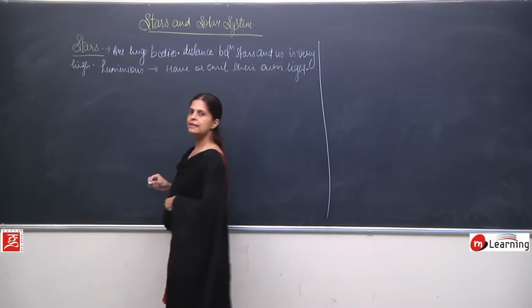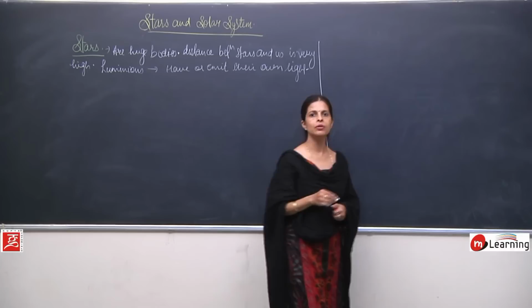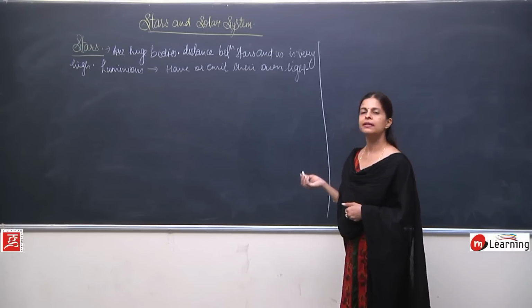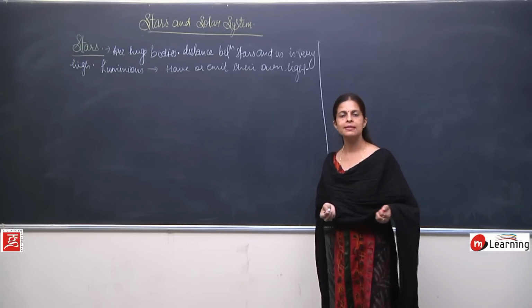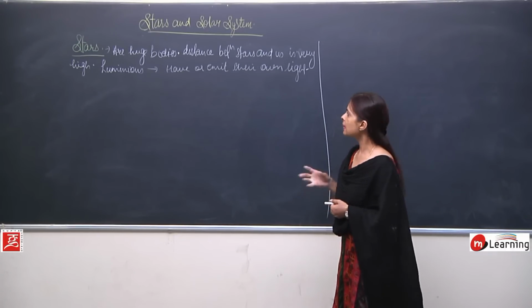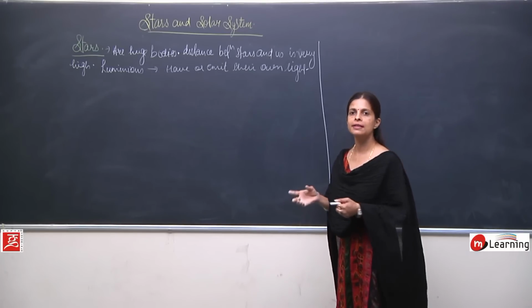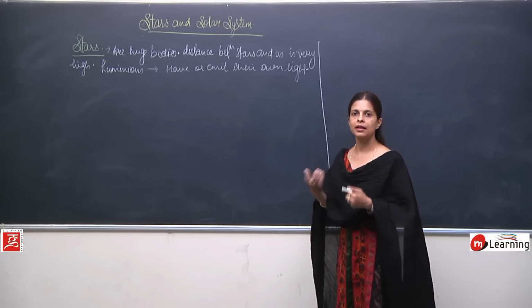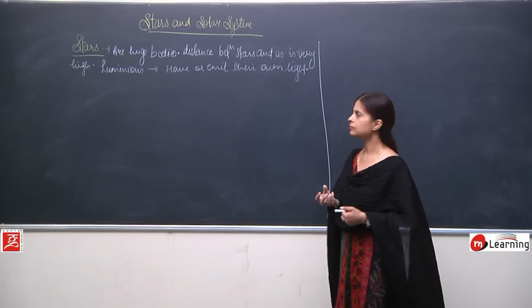So these stars have their own light, and we cannot say that the stars are very small just because our distance is very big. Stars are actually huge bodies, luminous bodies, continuously emitting light and heat.